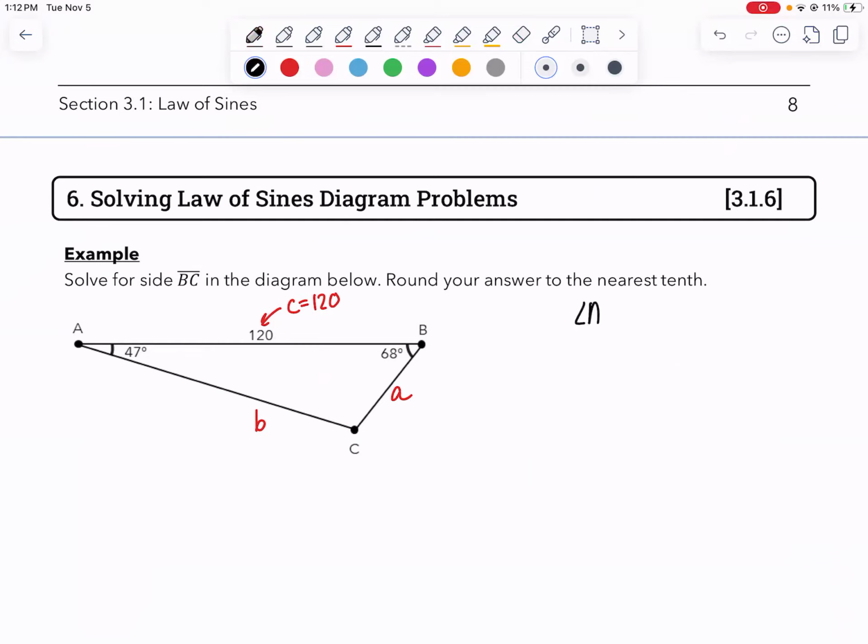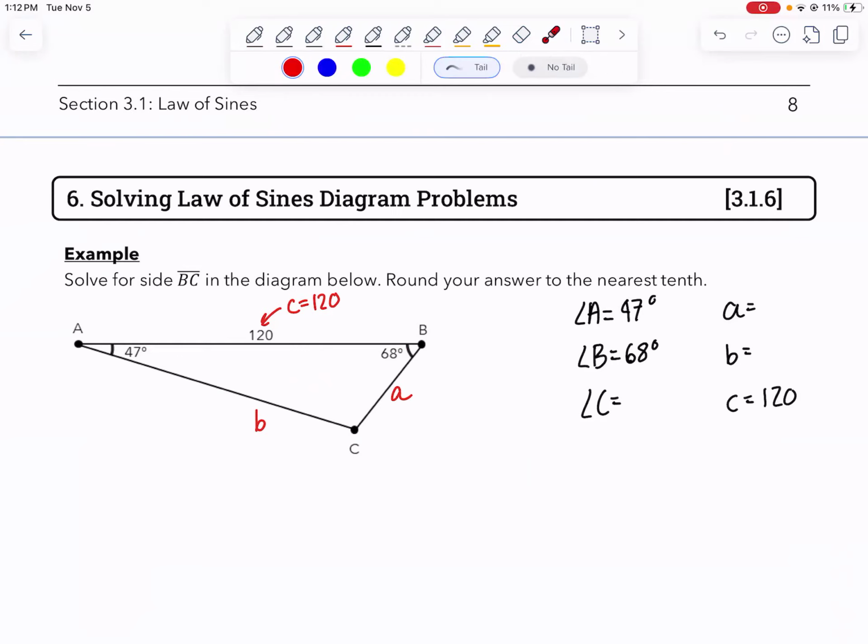And then over here, I'm going to write that same little box I had on all the problems before, to keep track of everything. So I know angle A is 47 degrees, I know angle B is 68 degrees, and I know side length C is 120. I will know everything about C once I find angle C, which is fine because I have two other angles.